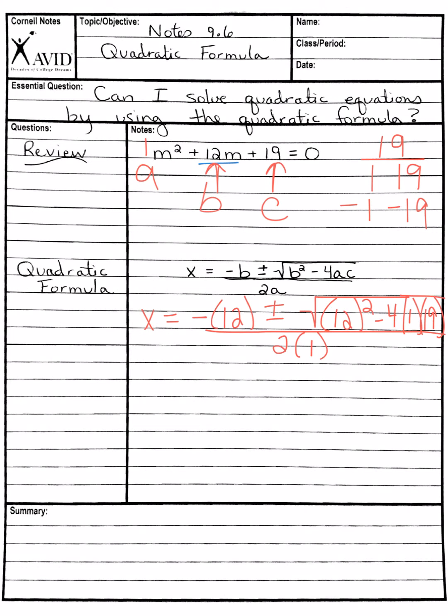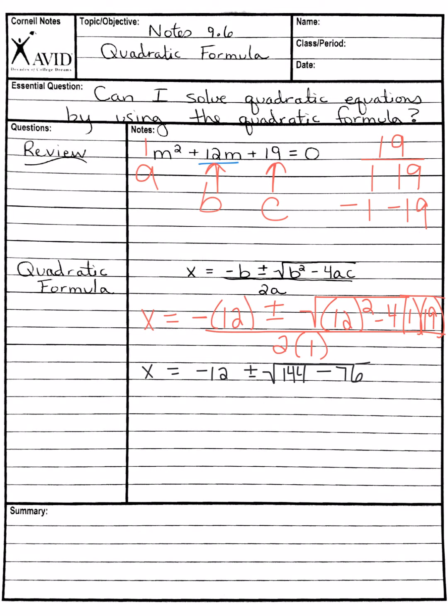Now let's go ahead and start to simplify. I'll change colors here as we simplify. So when I simplify first, I see that this is just going to be a negative 12 plus or minus, and then 12 squared. We've got to do order of operations. It's going to be 144, take away 4 times 1 times 19, which is going to give me 76.